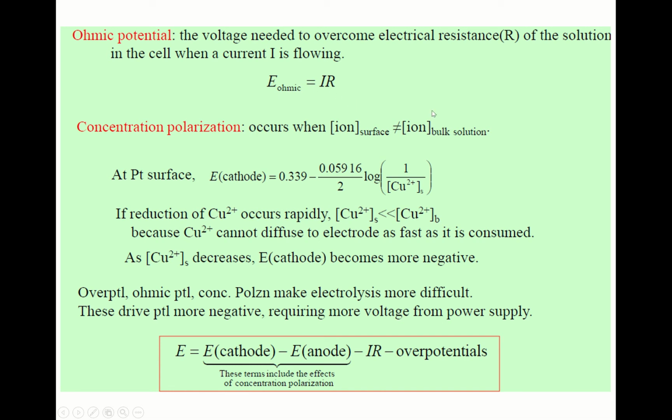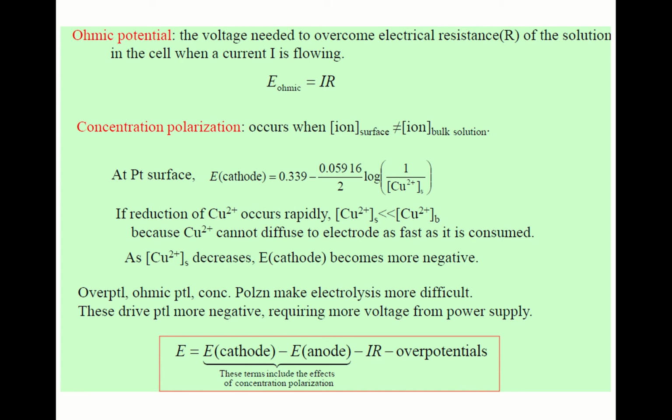So although you apply a certain amount of external voltage, if there is an ohmic drop, then actually you apply a smaller voltage between the two electrodes. So this kind of potential loss is called ohmic overpotential. In order to reduce ohmic overpotential, you have to reduce this resistance, by adding more ions into the solution.